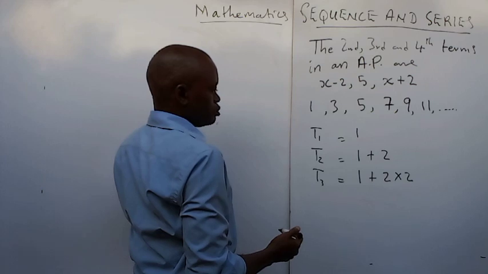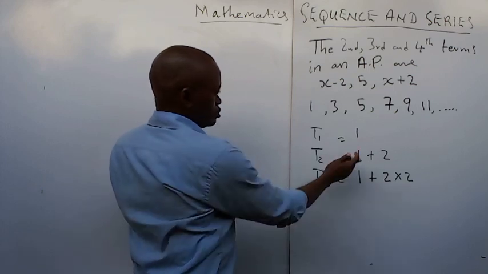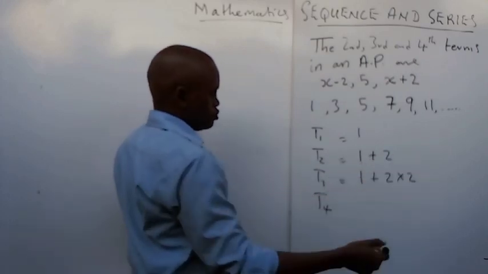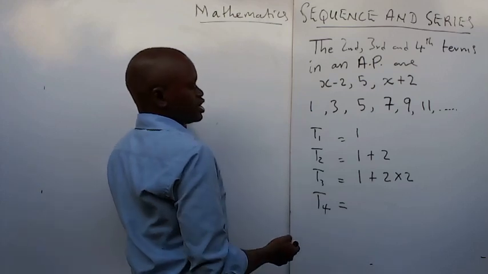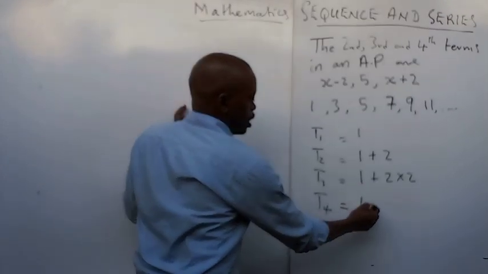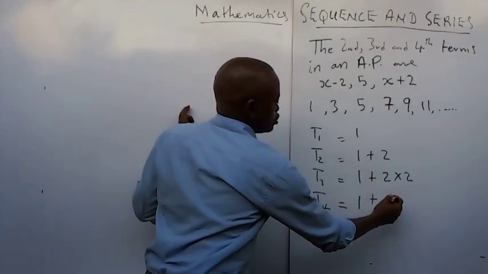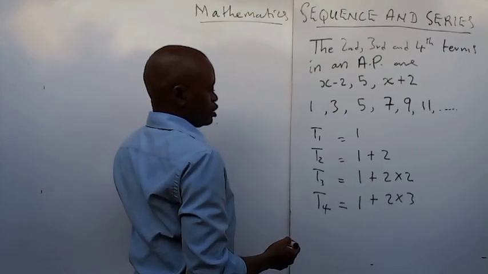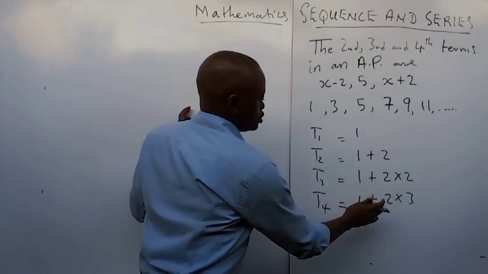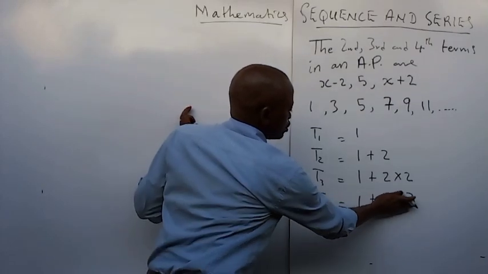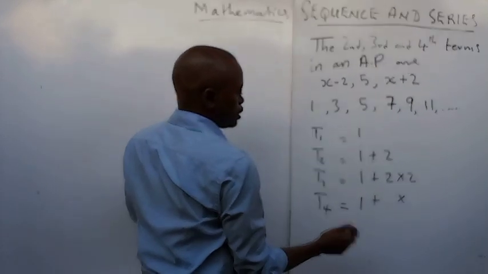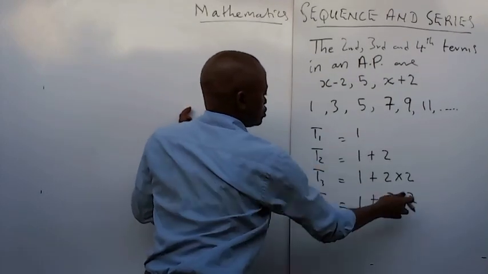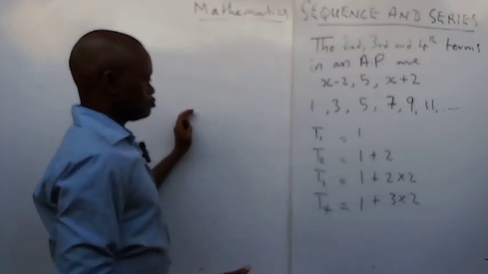Okay. So if you check out the fourth one, which is T4, that is term number 4. You realize that it can also be 1 plus this 2 times 3. Let me rearrange it in a way that it will follow a generalized pattern. Let me put 3 here and put 2 here so that you can see what is going on there.